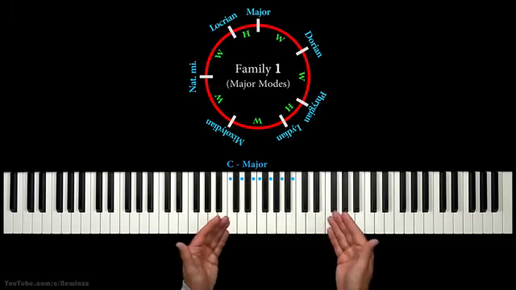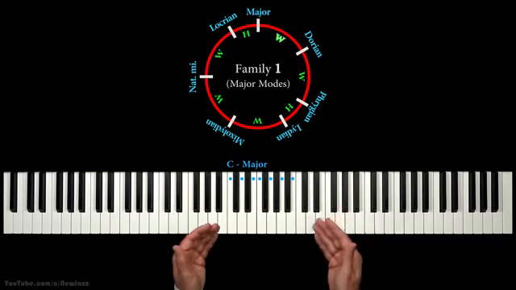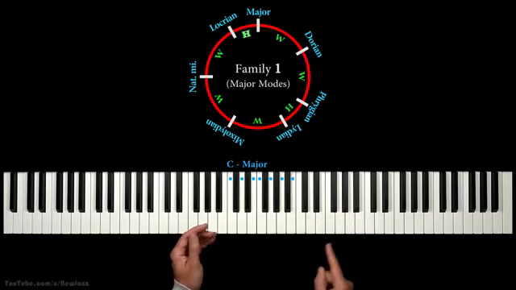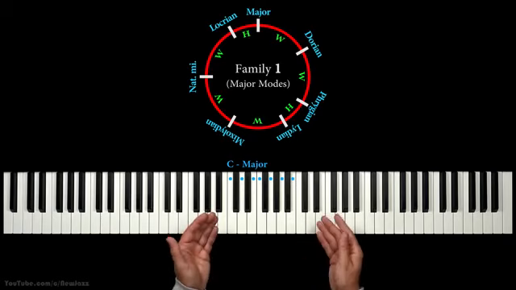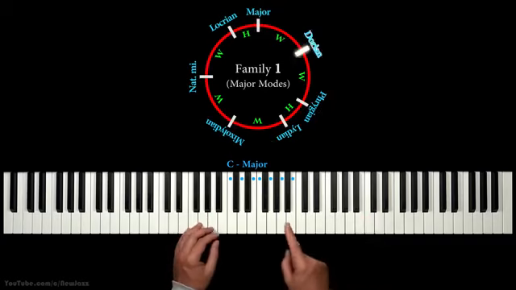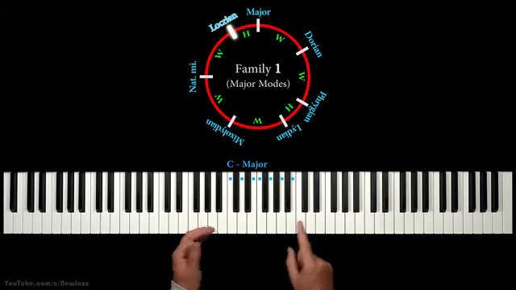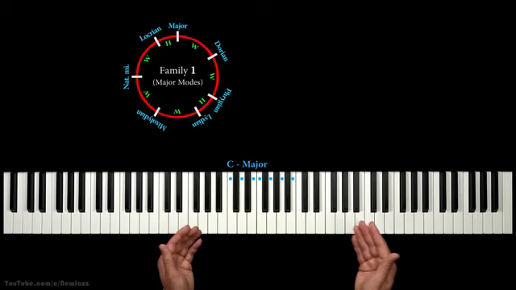So, all the scale members of a family have the same circular interval pattern, right? The individual scales just have different starting points on that pattern. Now, let's write down the interval steps of each scale.